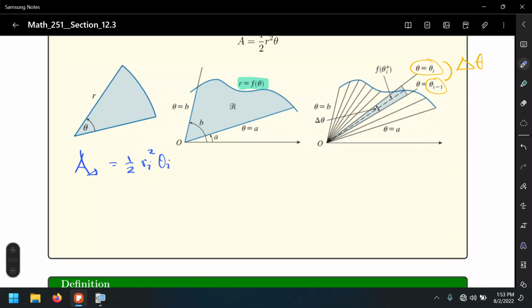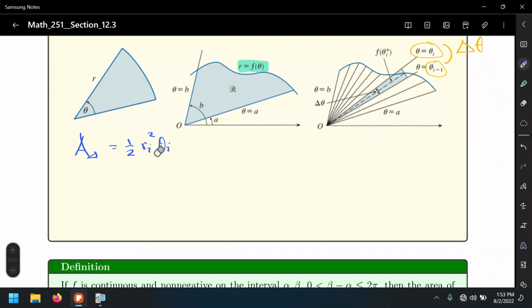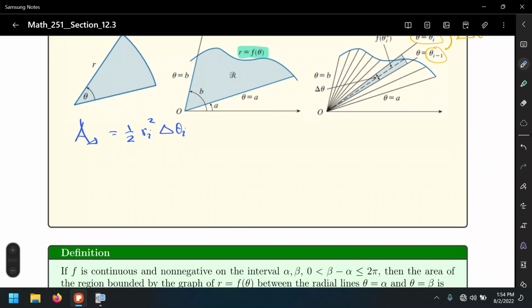All right. So in this case, well, actually, let me change this to delta theta sub i. All right, because we need to find that distance from one angle to another angle, just the same way we got the delta x by finding the area under the curve.